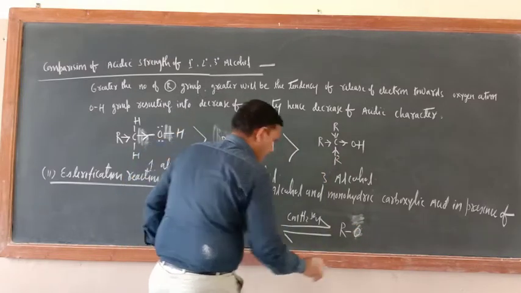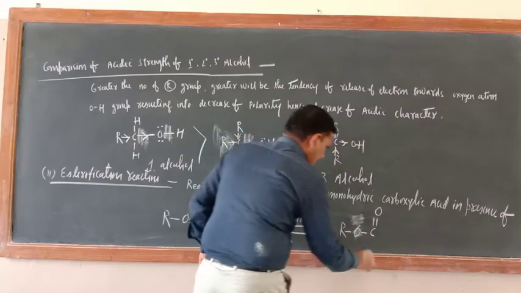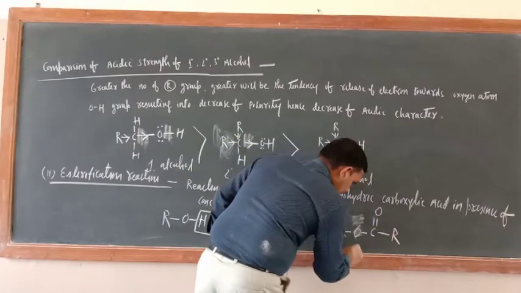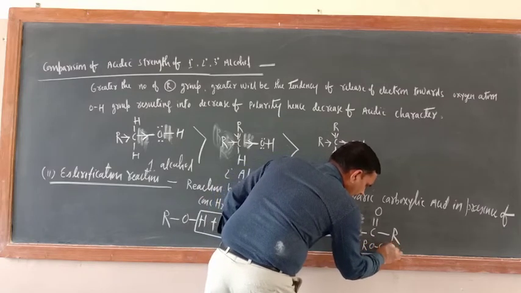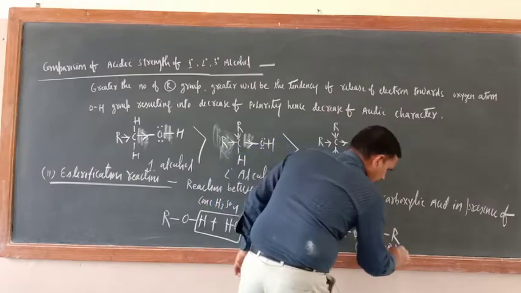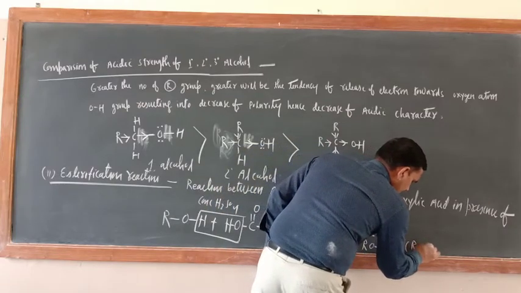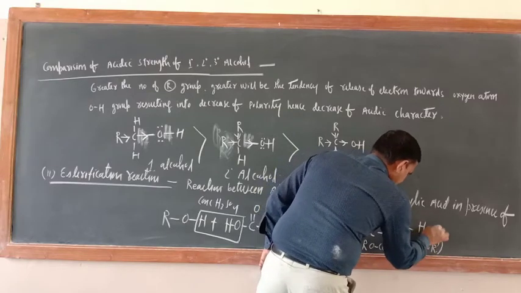RO, then C double bond O, then R. You can write it in this way also, ROCOR, this is R dash. Or you can write it like that also, RCOOR dash. This is ester plus H2O.